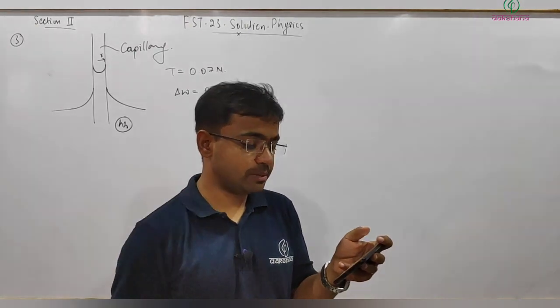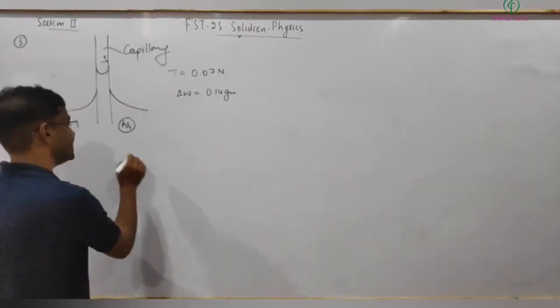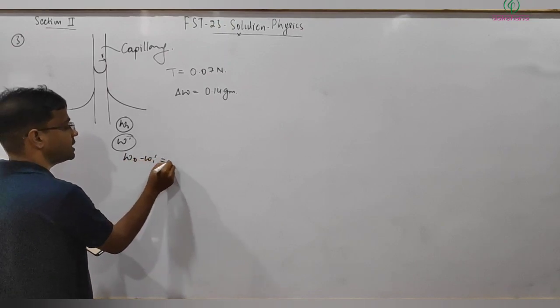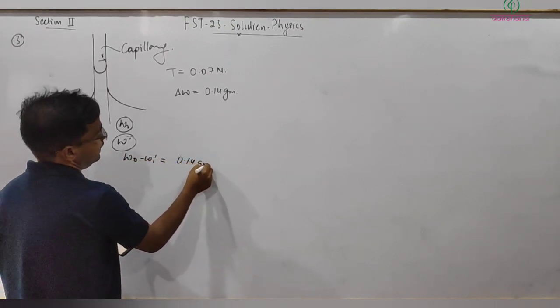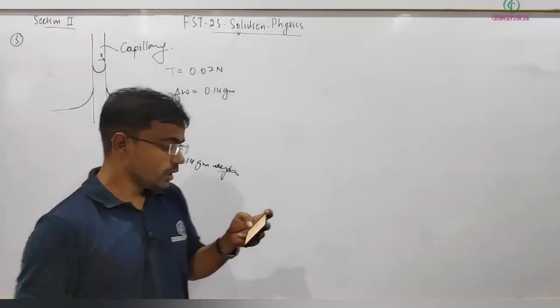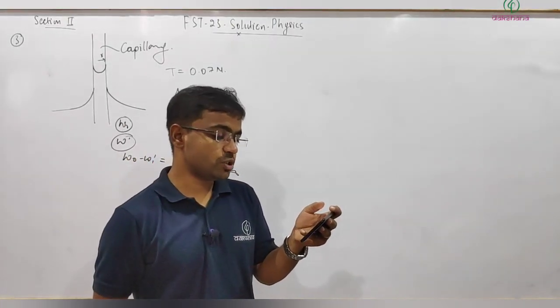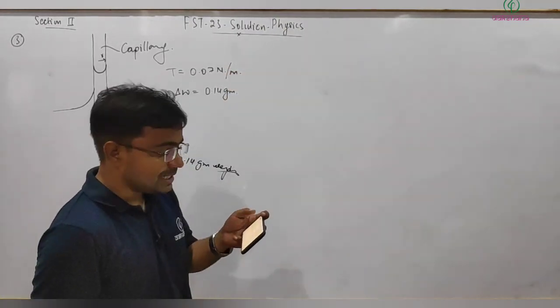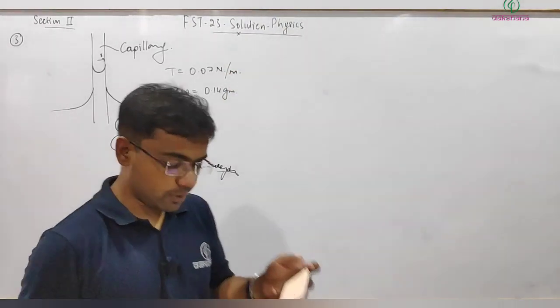To restore the balance, we have to decrease the load. So let's say finally the load is W prime, then W0 minus W prime is given as 0.14 gram weight. If the surface tension of water is 0.07 newton per meter, determine the radius r in mm of the capillary.